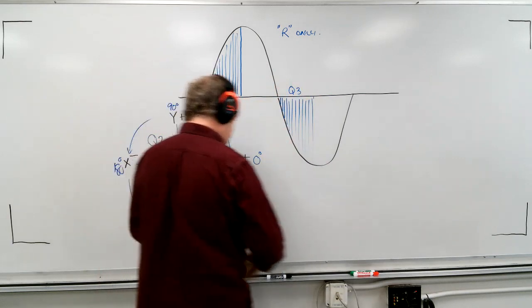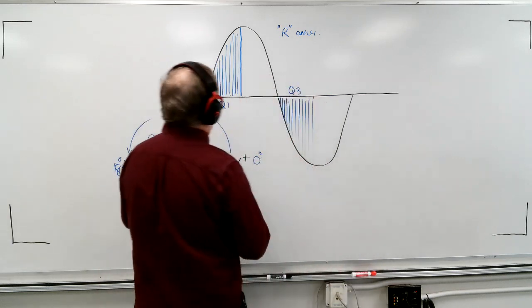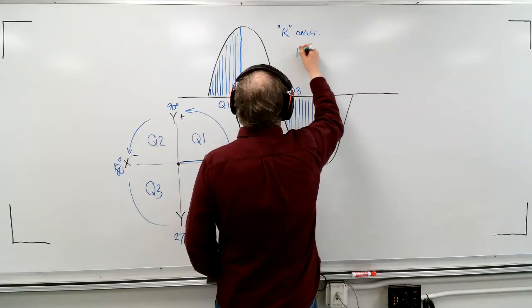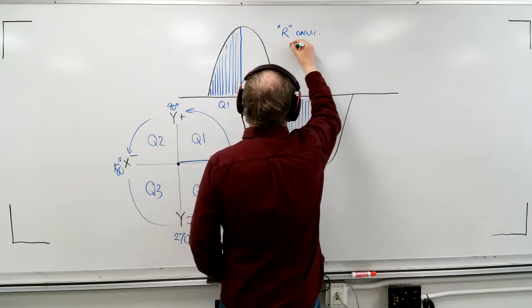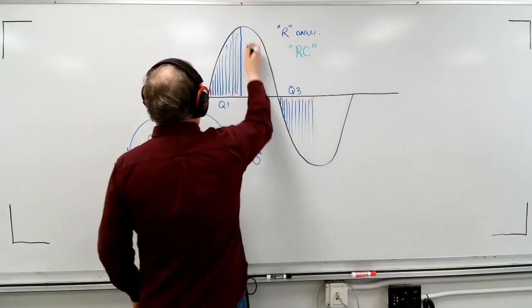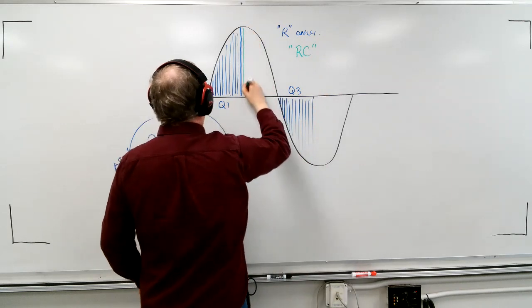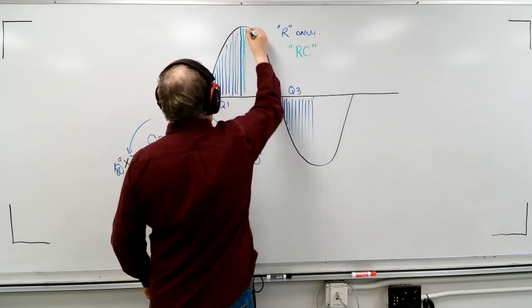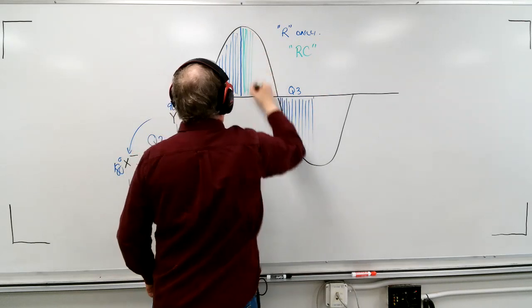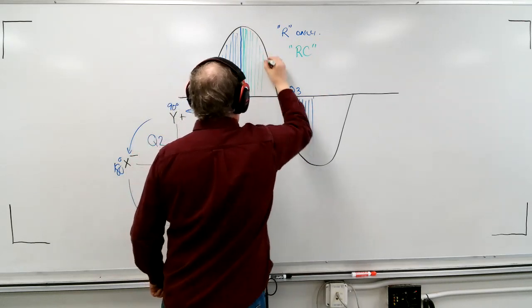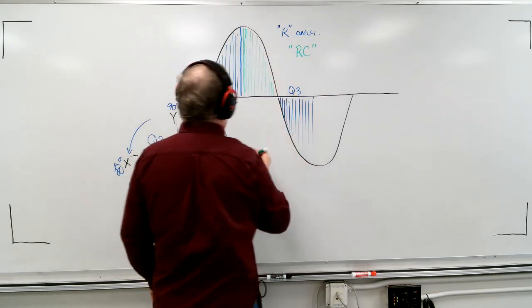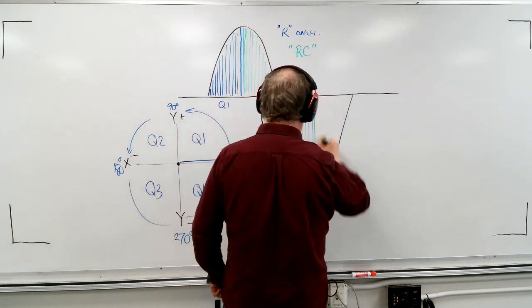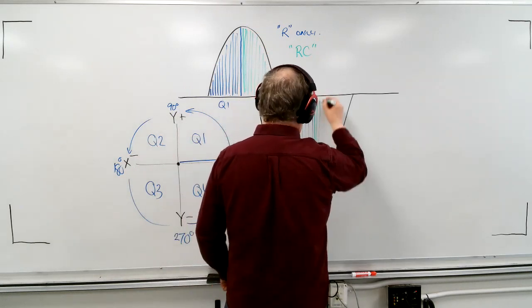Now, if we use resistive and capacitive, then we're going to gain control into quadrants 2 and 4, and also including 1 and 3.